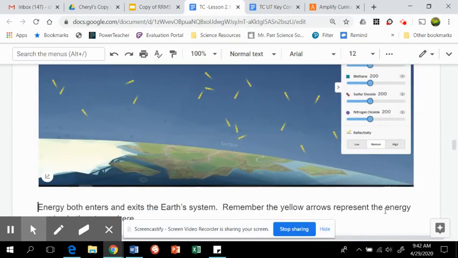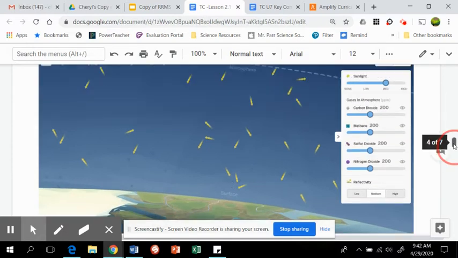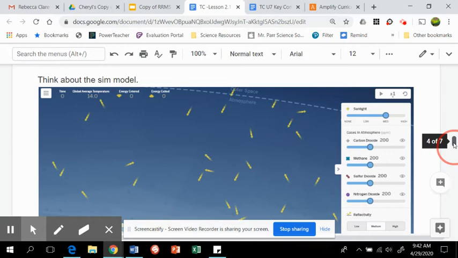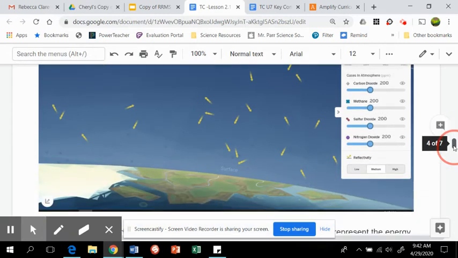And remember, in the sim, when the surface absorbed energy, it got a glow. The more energy it absorbed, the brighter the glow was. There were also little yellow circles that showed when energy was absorbed.